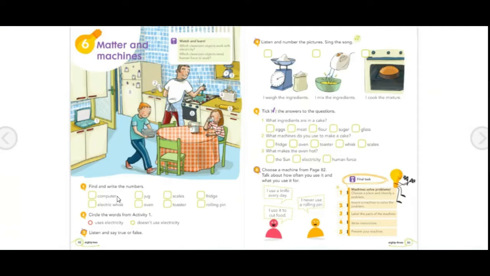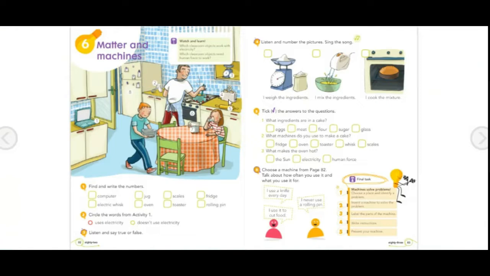Computer, number 1. Okay, I'm going to tell you the numbers, and you have to write the numbers over here. So number 1, computer. Number 2, electric whisk. Number 3, scales.